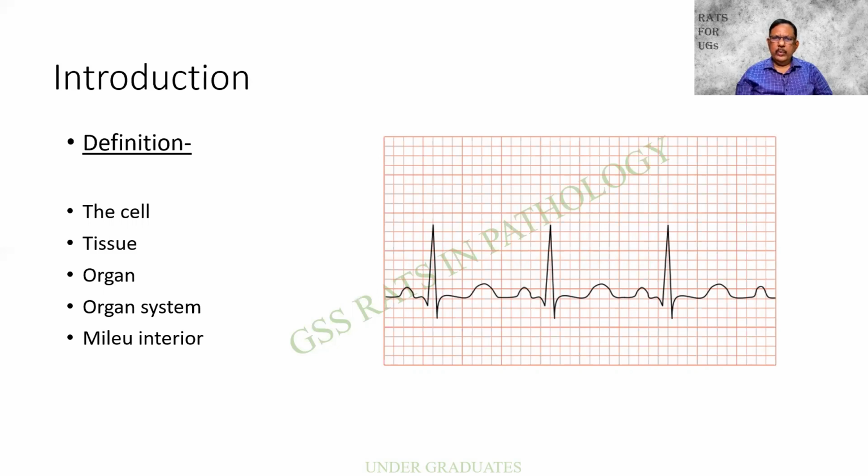The organ, whereas, can be a group of tissues which are carrying out a specific function. And an organ system, such as the digestive system or the hepatobiliary system, can be having a set of functions carried out by each for a purpose.